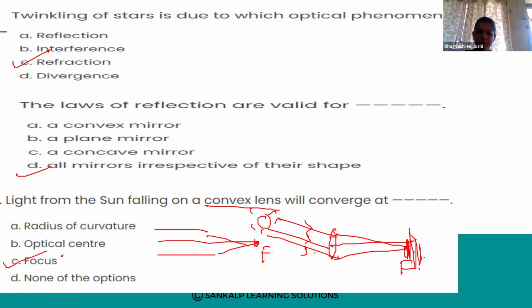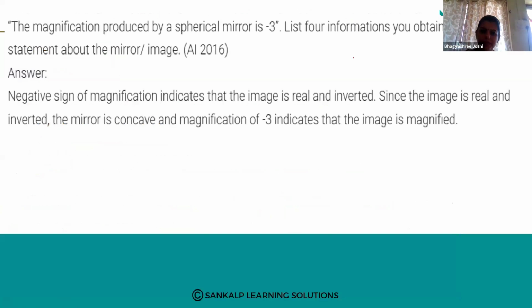Focus F, right? Next, the magnification produced by a spherical mirror is -3. List 4 informations you obtain from this statement about the mirror or image. Negative sign of magnification indicates that the image is real and inverted.